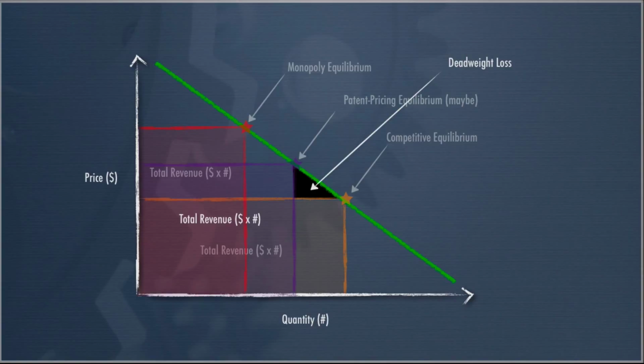Well, there probably will still be people purchasing the good. It would be irrational for me to price it in a way that people didn't purchase it. The point here is that substantially fewer people are going to be buying it than they would at the fully competitive price, and it's that loss, those people who can't get access to the innovation, that we're talking about when we talk about this deadweight loss cost.